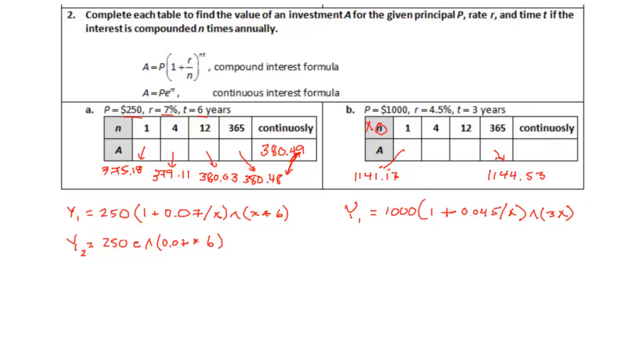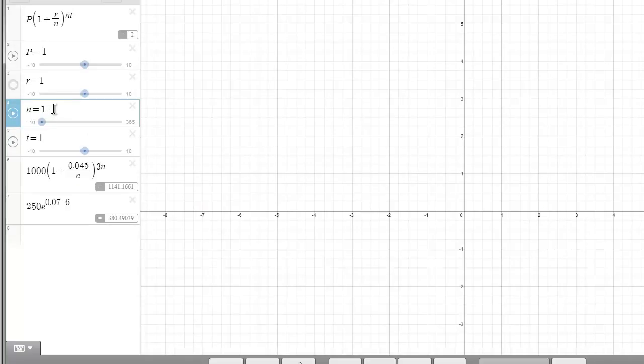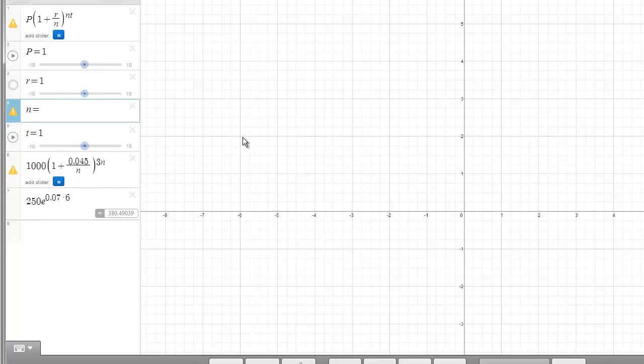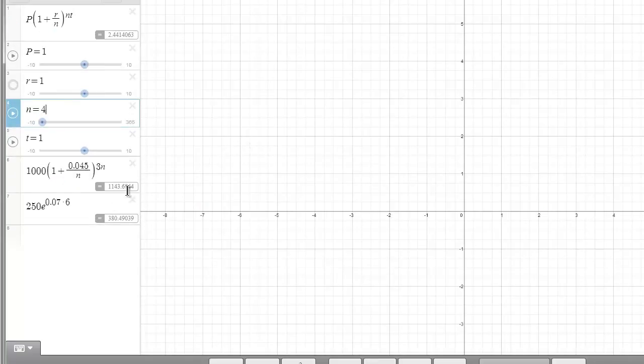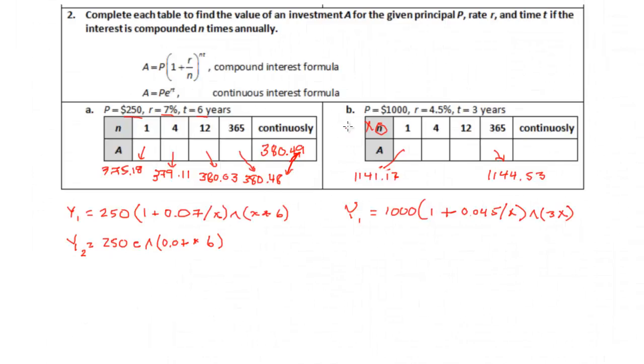Check out the quarterly, and we'll change this to $1,143.67.